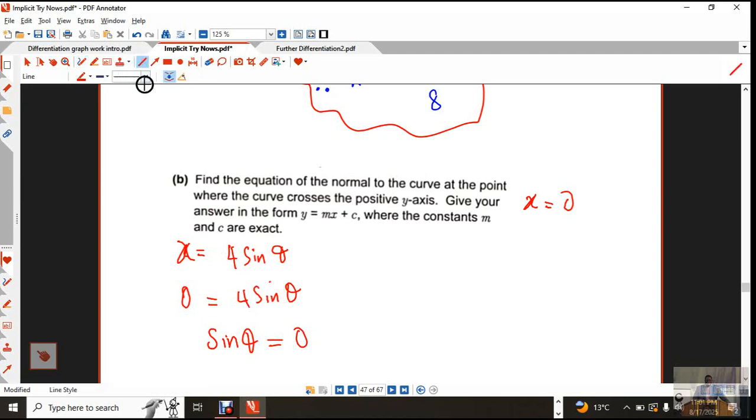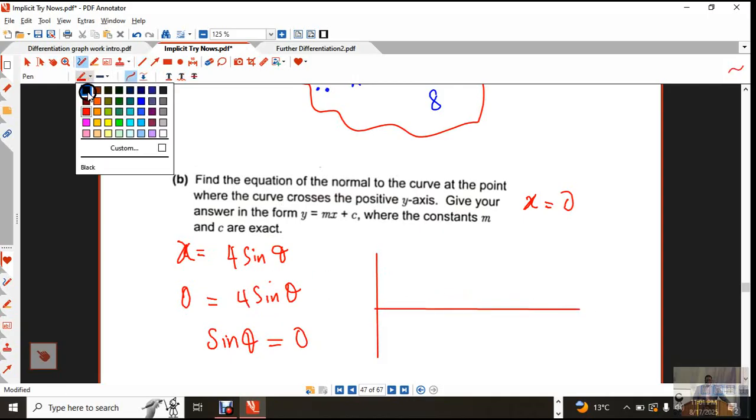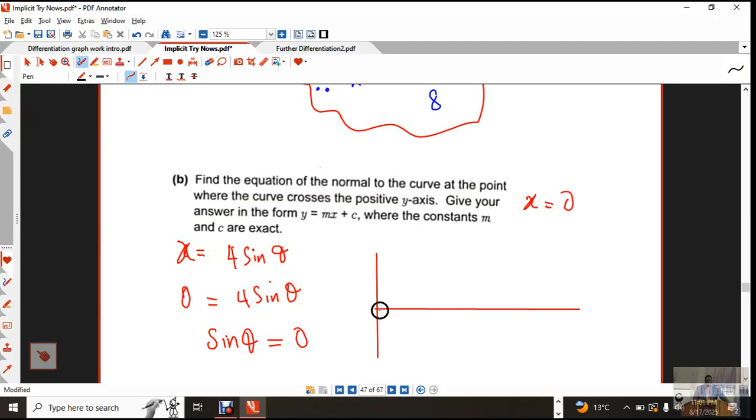Let me just bring back something from a blast from the past. If you have the sine curve which oscillates something like this, and this is 2 pi, and that is pi, that's -1, and that's 1.